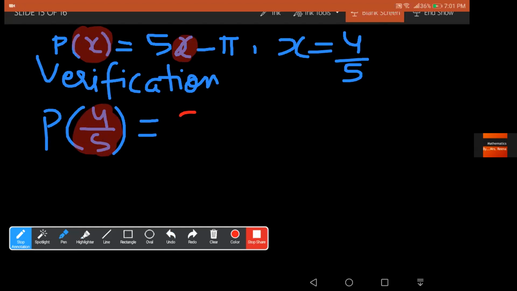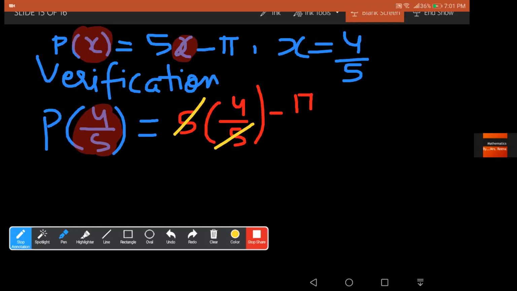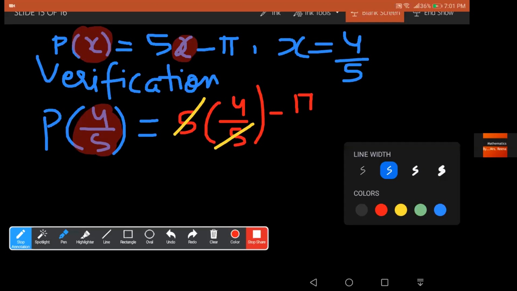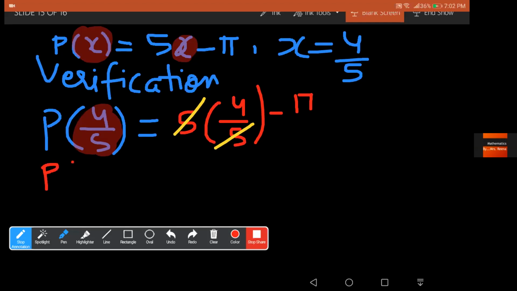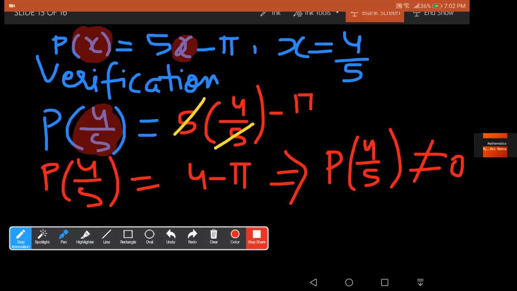So we will write it 5 into 4 by 5 minus pi. ठीक है, and what happened here? This 5 will be cancelled out. So as 5 is cancelled out, we can write p of 4 by 5 is equal to 4 minus pi. So this implies p of 4 by 5 is not equal to 0.